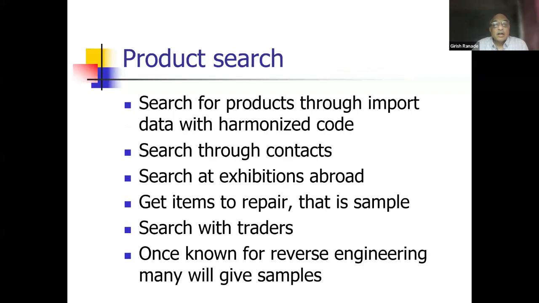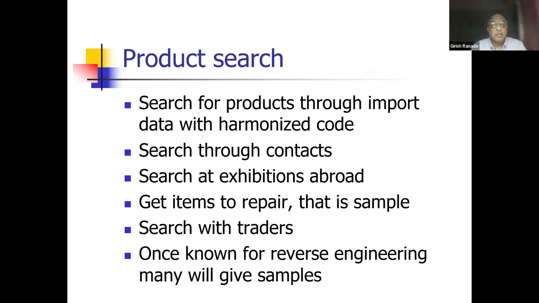Now, going ahead, the first point is the product search. How to search for a product? There are various ways in which products are searched. One of the methods is to search for products through import data.